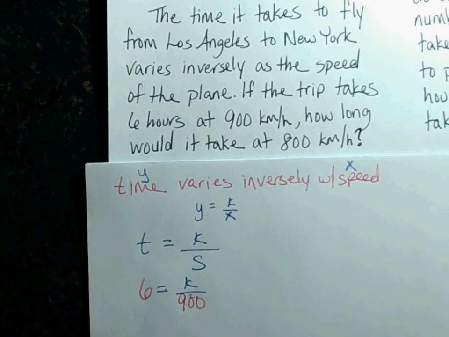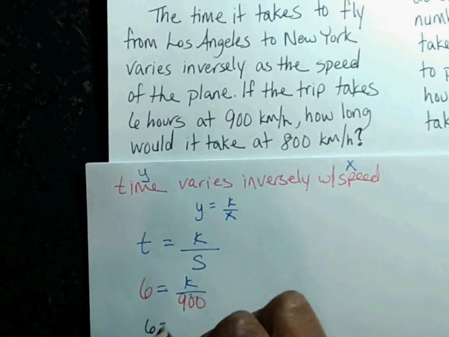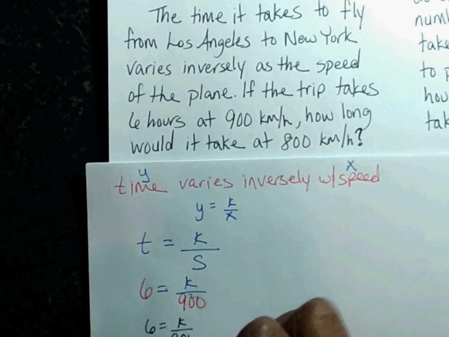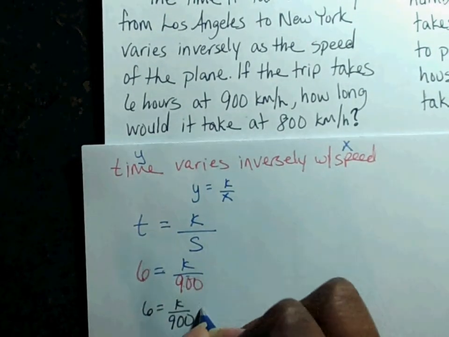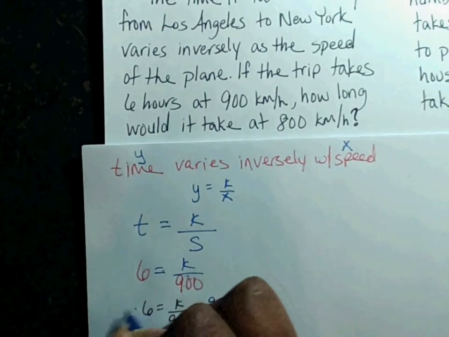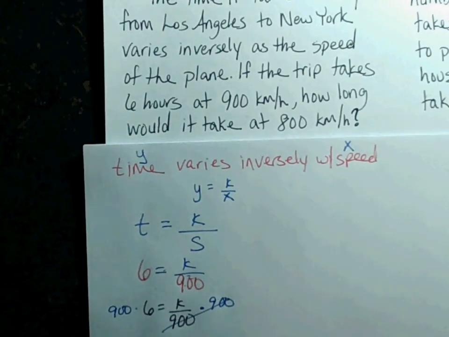You multiply. So, if I have 6 equals k over 900, all I need to do is multiply both sides by 900. Good riddance.